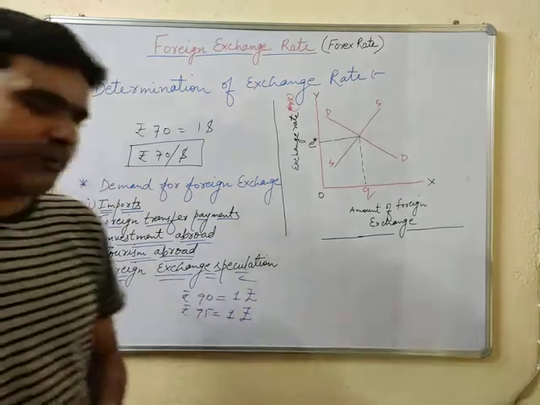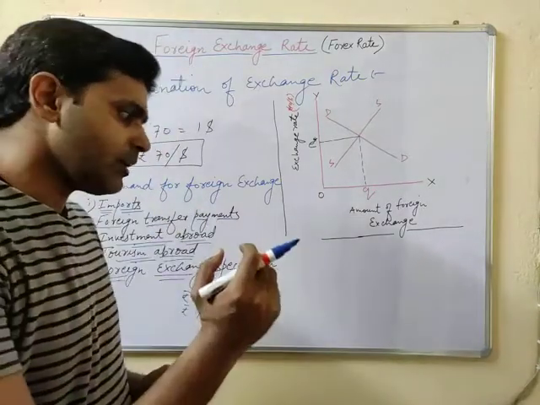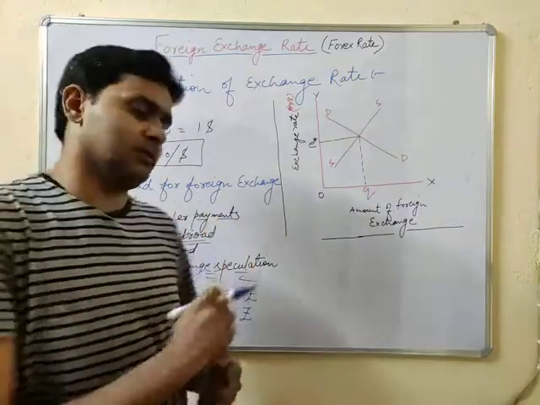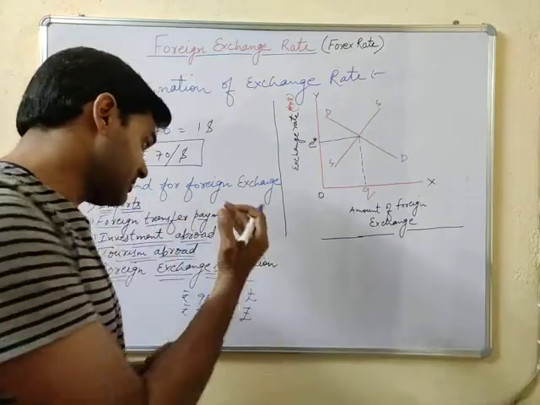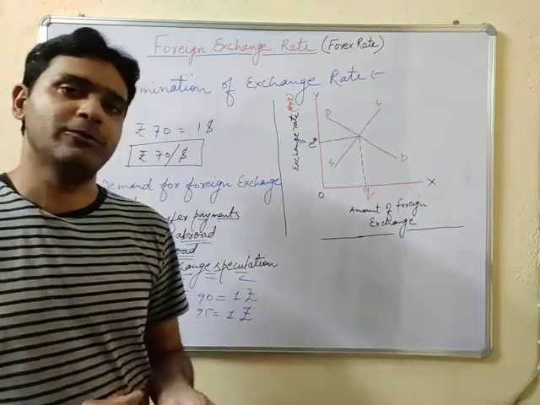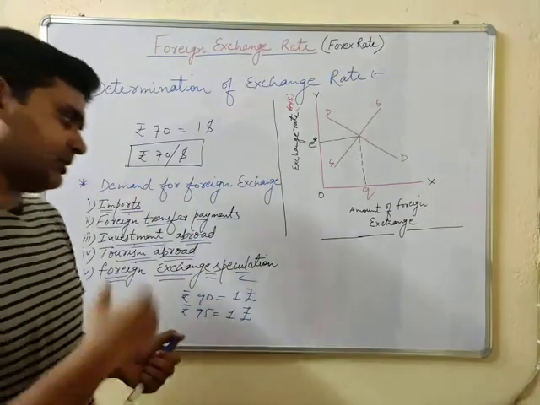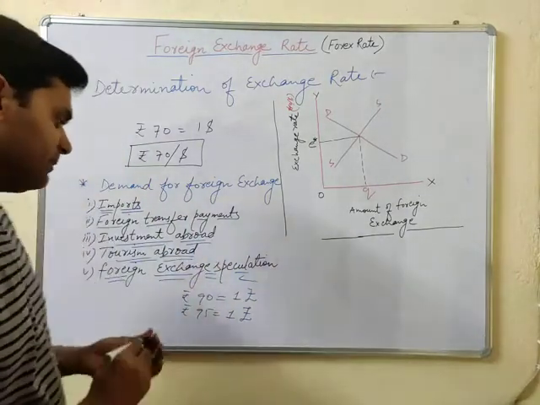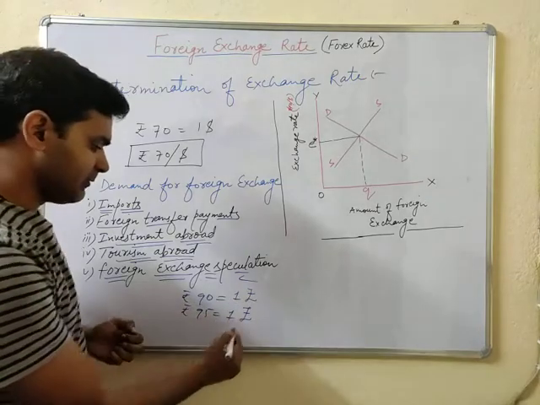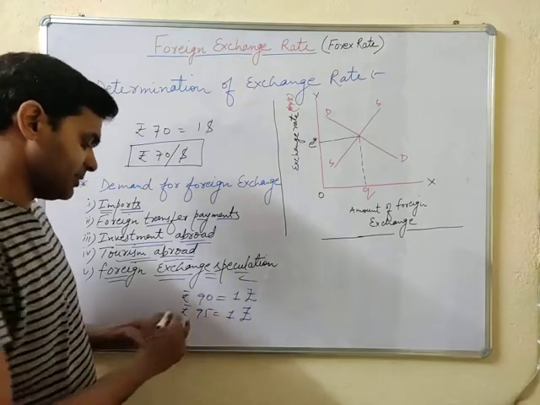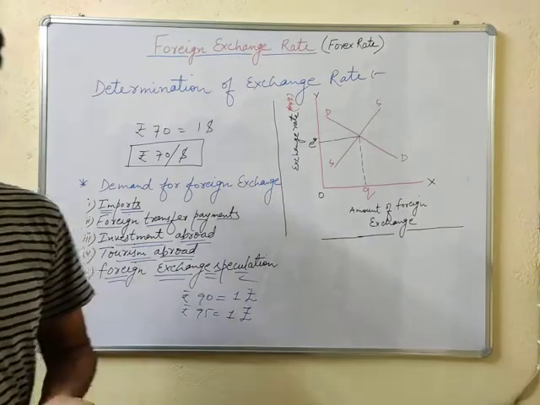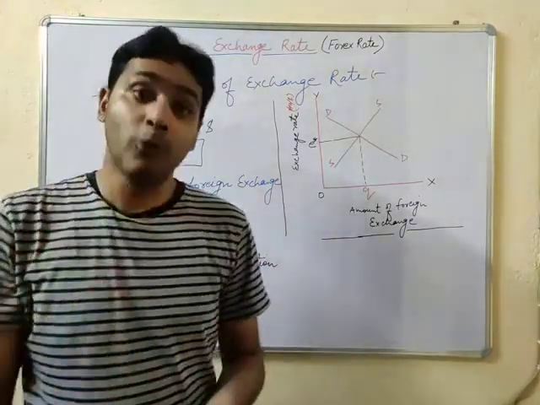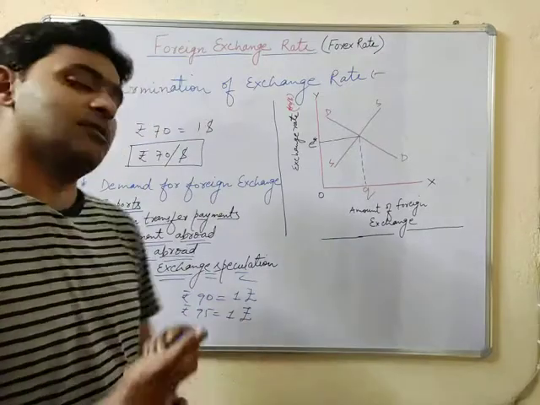So what will happen, the investors or the persons will try to purchase more British pounds. Say for example 1000. If people purchase 1000 British pounds, at the end of this month they will be able to get 5000 more earning on this purchase.